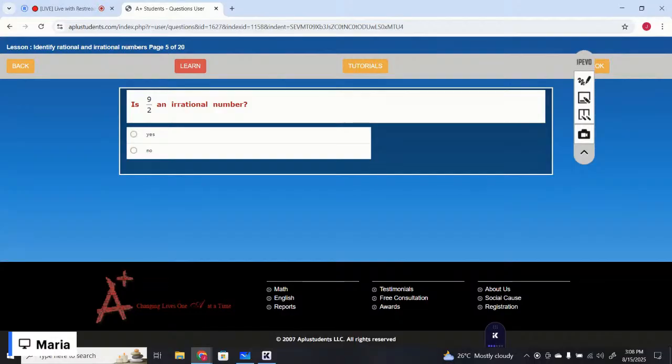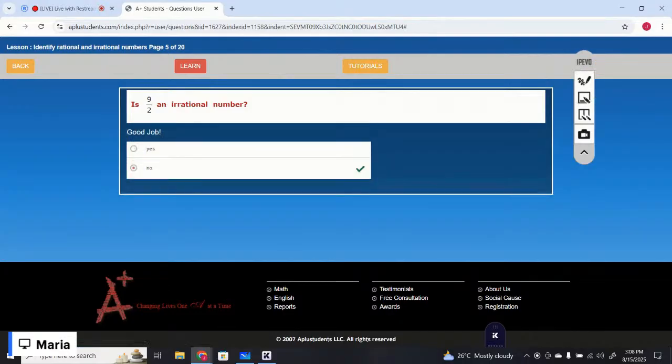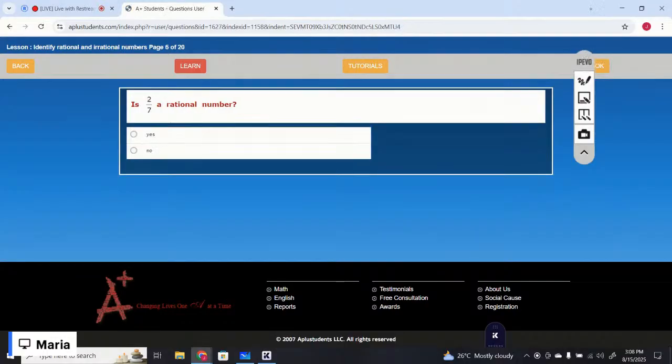Is 9 by 2 an irrational number? No, 9 by 2 is a rational number. The correct option is no. Is 2 by 7 a rational number? Yes, it is a rational number. Option number 1 is the correct option.